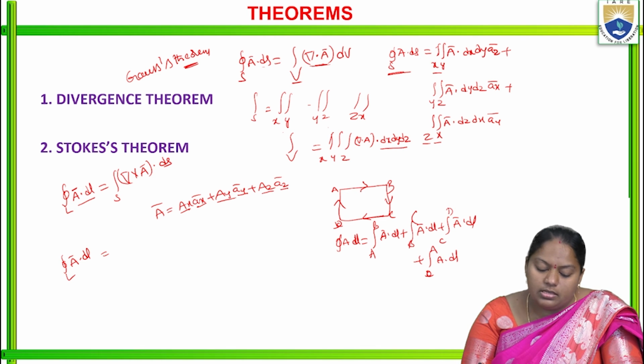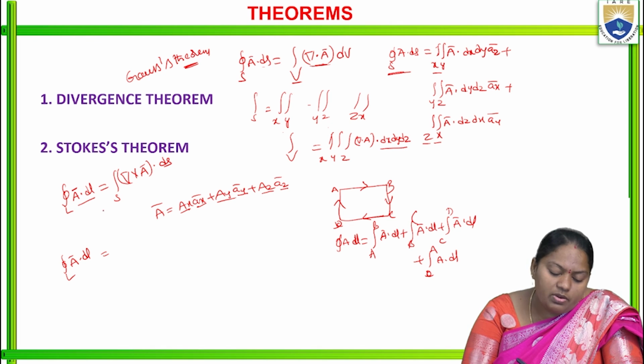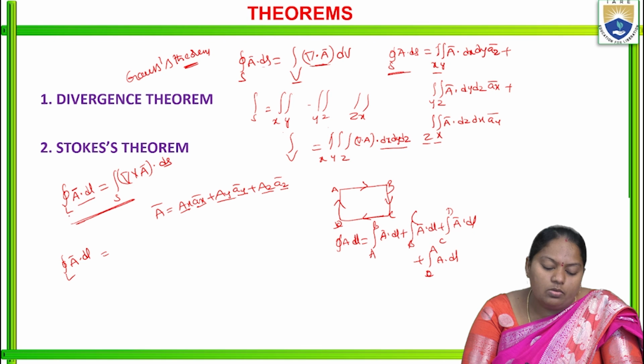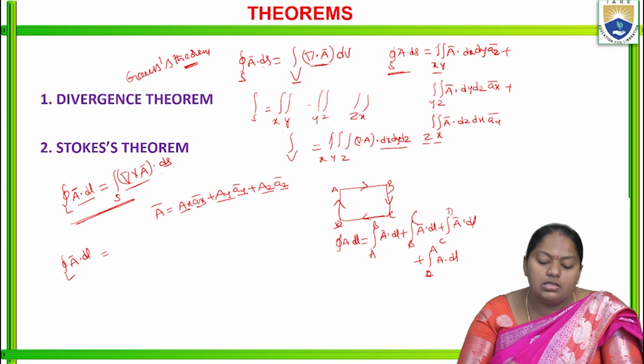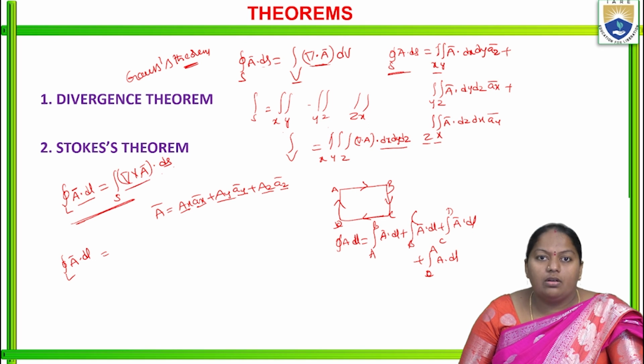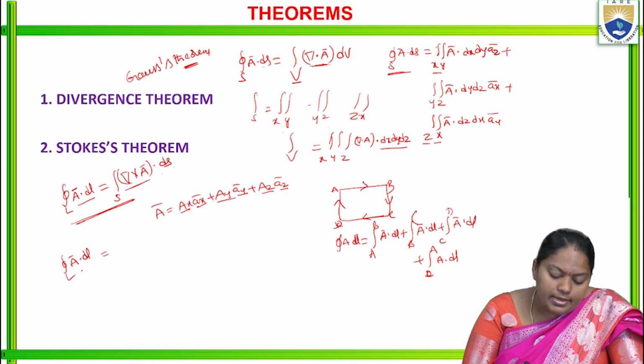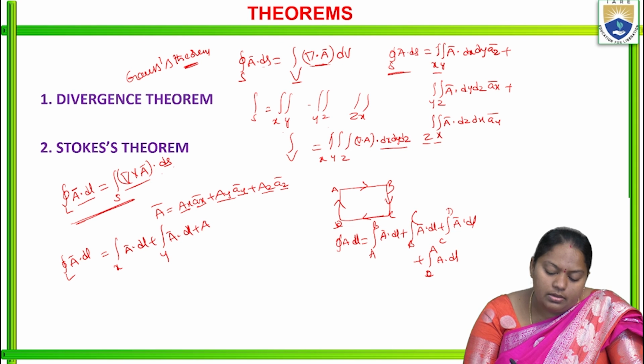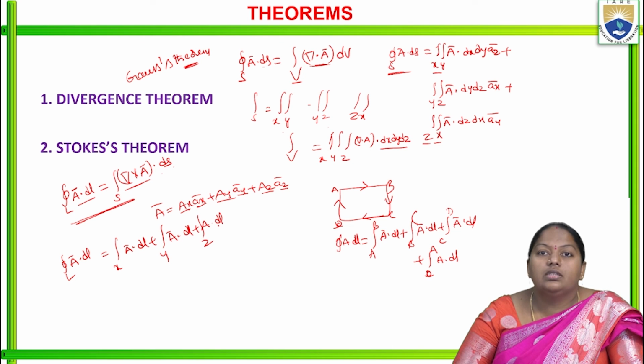If you close that line like this, then it will become a surface, and it is given by Stokes theorem: the closed line integral L of A dot dl is equal to the integral over S of del cross A dot ds. This del cross A is given as the curl of a vector. So the integral L A dot dl can be extended in three dimensions as the integral along x of A dot dl plus the integral along y of A dot dl plus the integral along z of A dot dl.